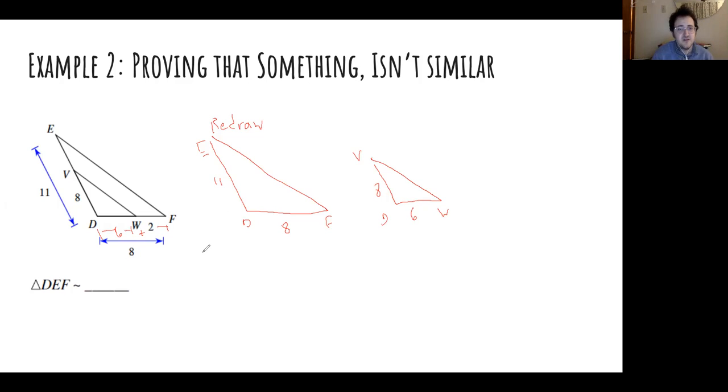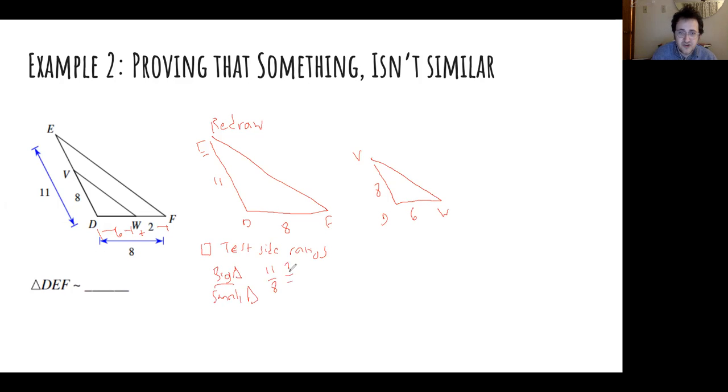So the first thing that I would do is test side ratios. We can see quite nicely if we do big triangle over small triangle, and I always like to put what triangles I'm comparing, just so that my ratios can be nice and consistent. So my big triangle is 11, and my small triangle is 8.